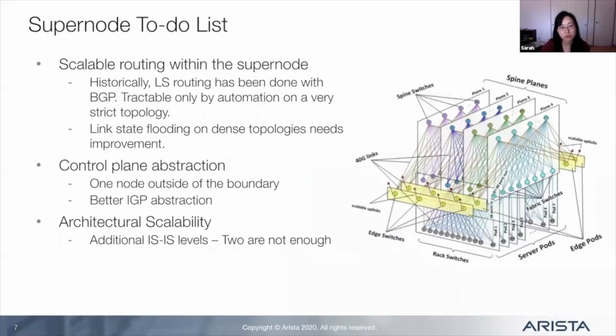So on top of the to-do list for Supernode is scalable routing within the Supernode. We want to use link state IGP within the Supernode. However, link state flooding has a problem in the dense topology.